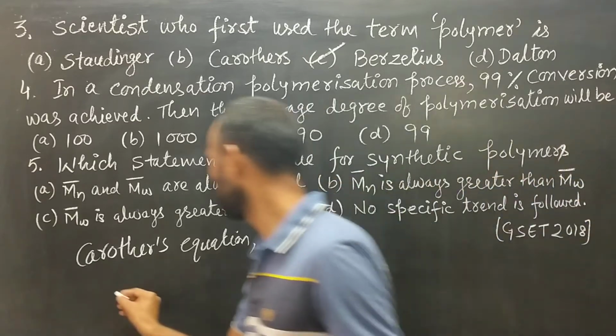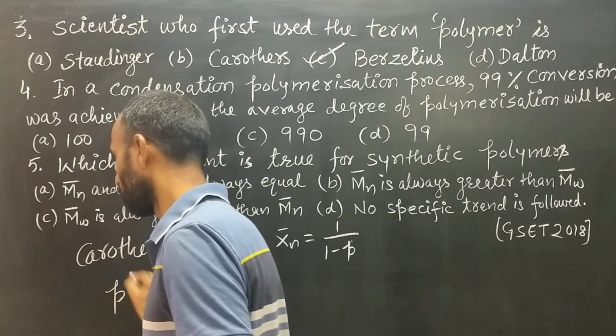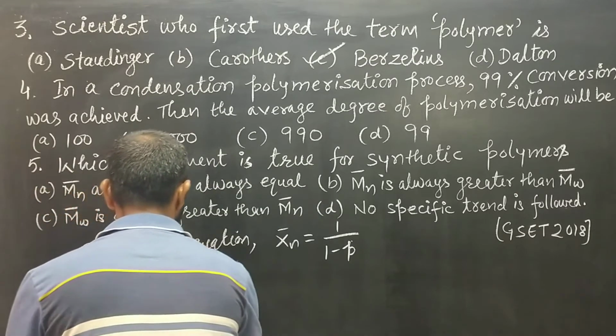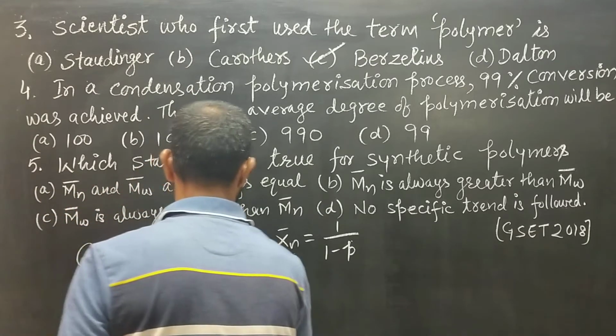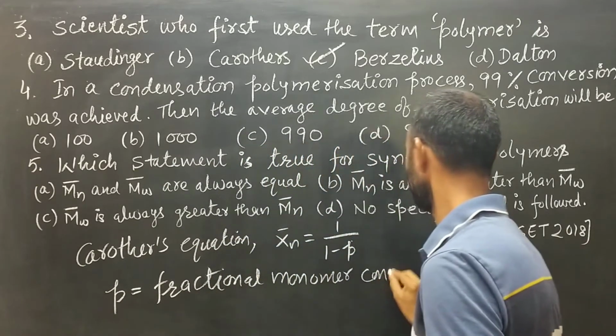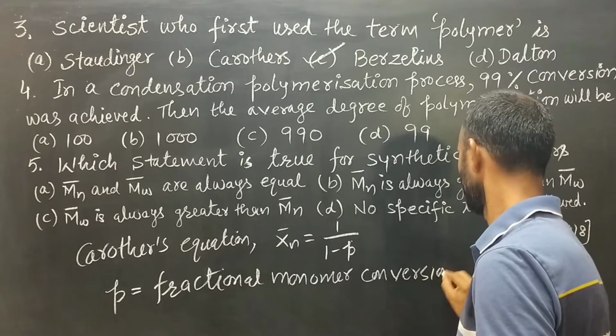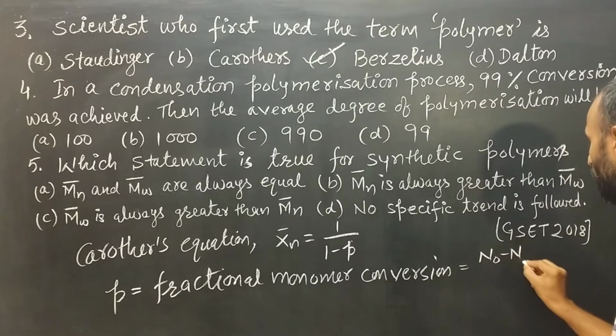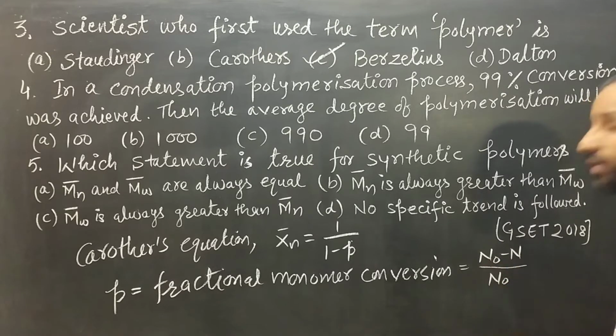This P gives us the value of fractional monomer conversion, and it is equal to N naught minus N by N naught.